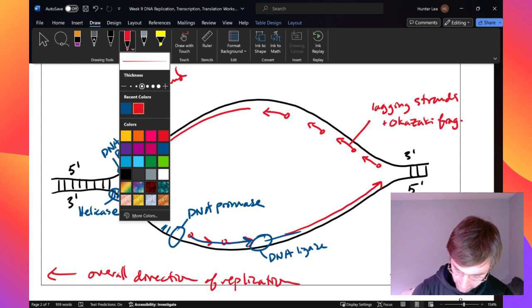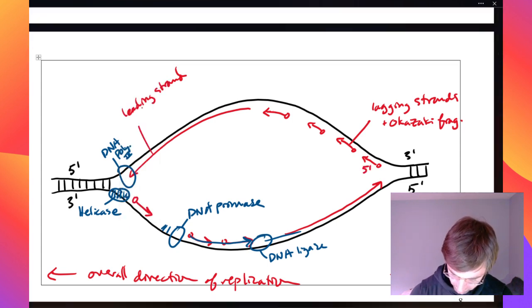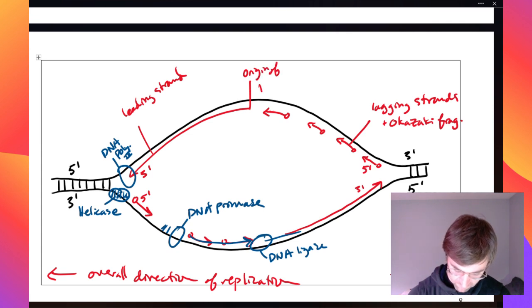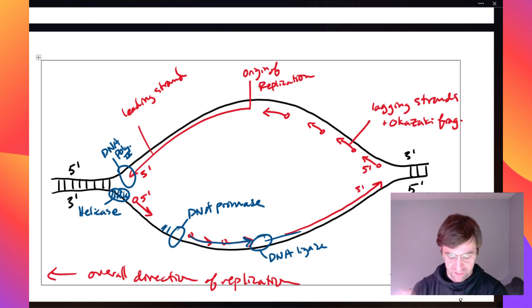Origin of replication is where that DNA polymerase attaches and starts laying down DNA.